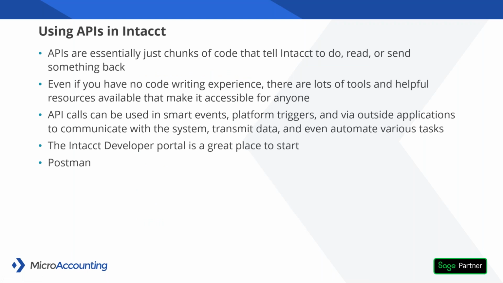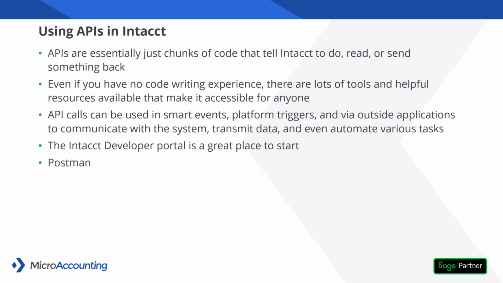For anyone who's not aware, APIs are essentially just chunks of code that tell Intacct to do, read, or send something back. So even if you have no code writing experience, there are lots of tools and helpful resources available that make it accessible for anyone.